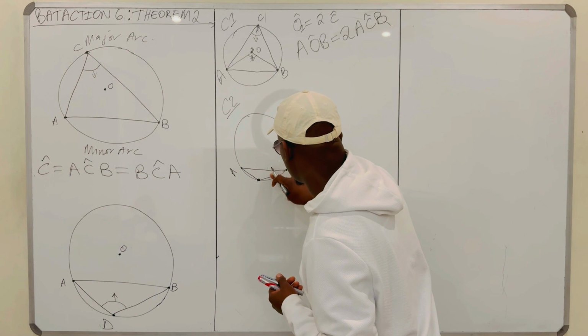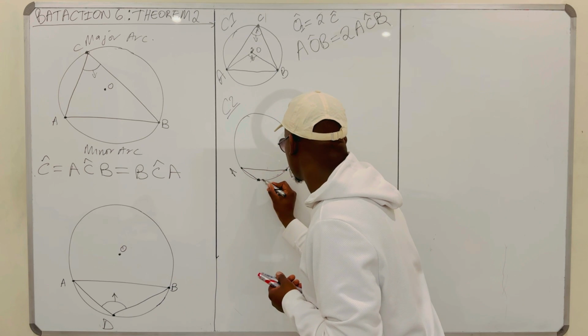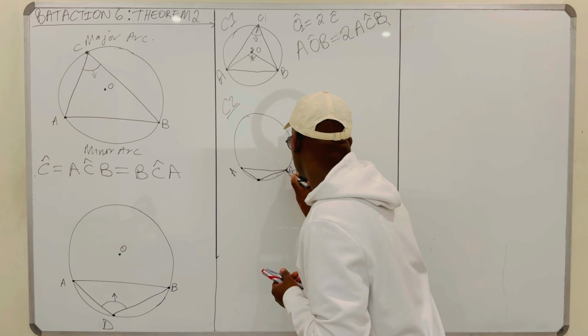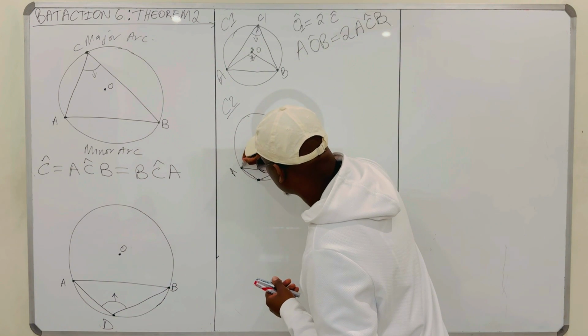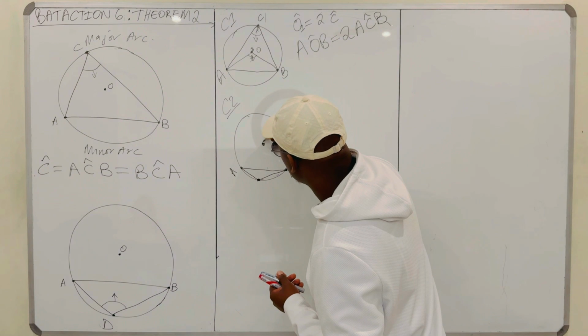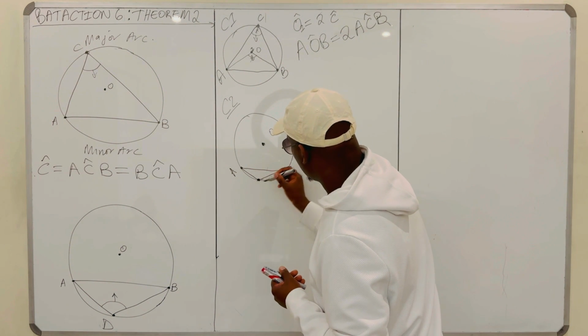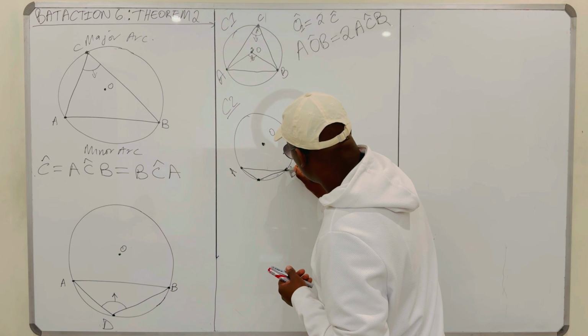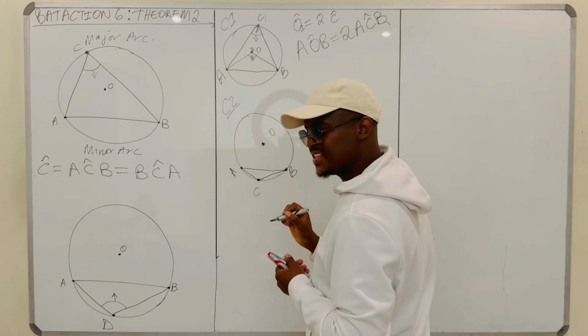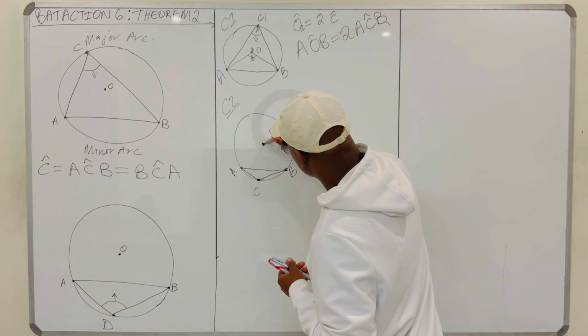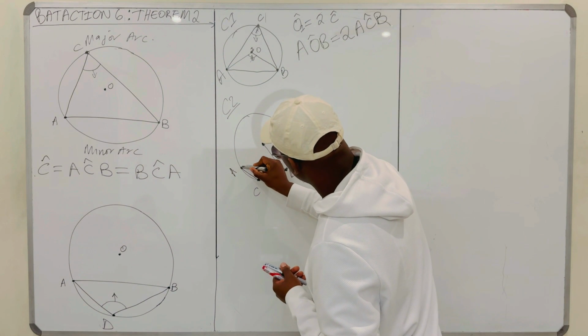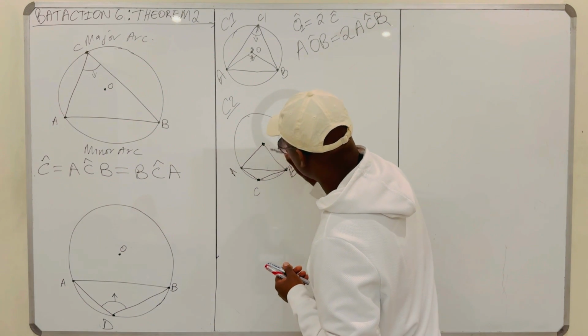I was trying to make a straight line here. So here's your O here. Are you with me? Now you can see your subtended angle C there, right? Yes. And you subtended your same thing there as well.